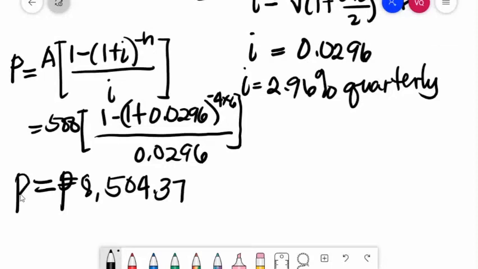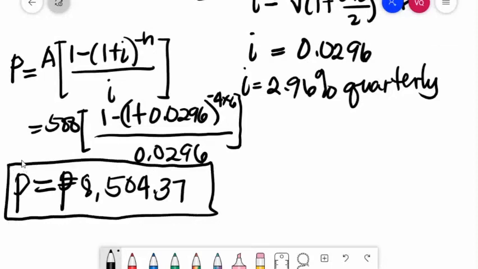So, this is the present worth. With an annuity equal to 500 at 0.0296 quarterly.